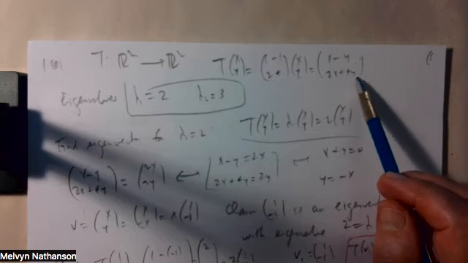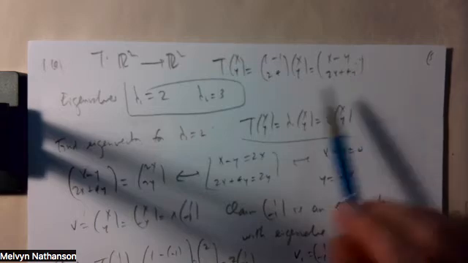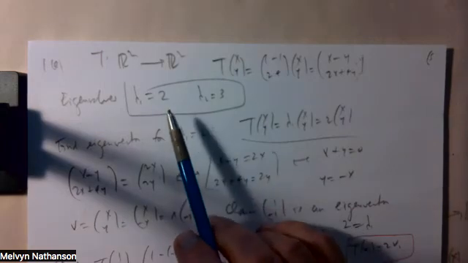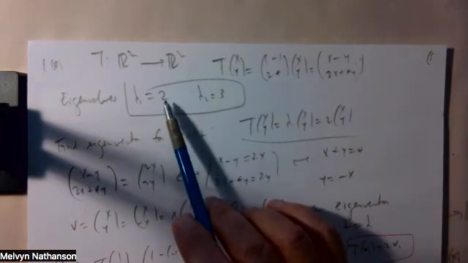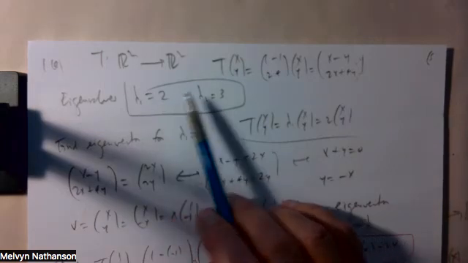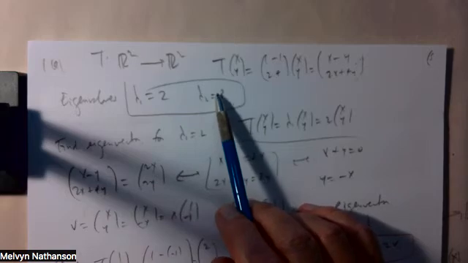And I want to find eigenvalues and eigenvectors for the linear operator. So what I calculated on the previous page told me that the only possible eigenvalues were 2 and 3.